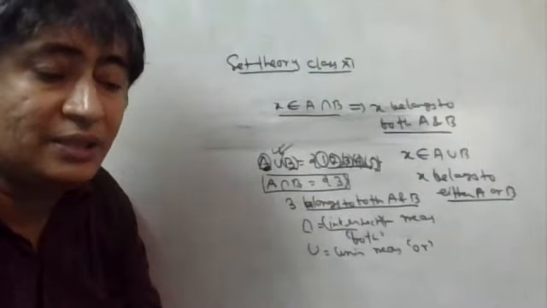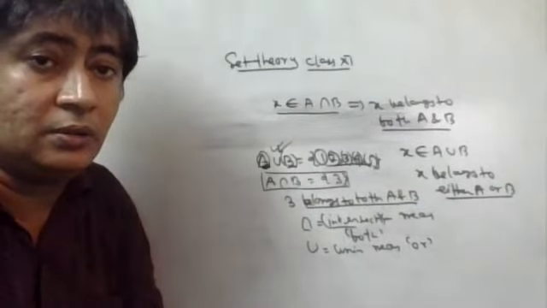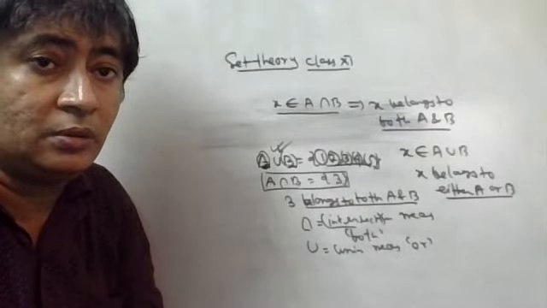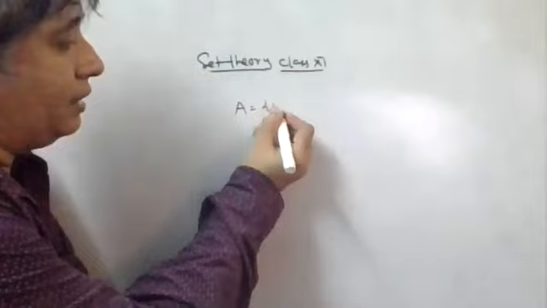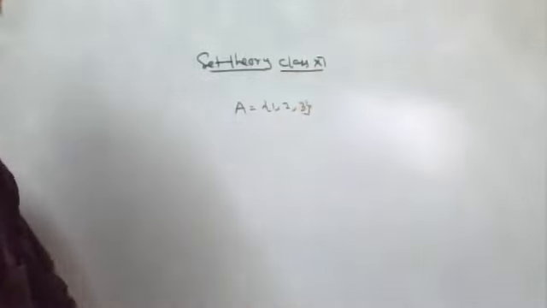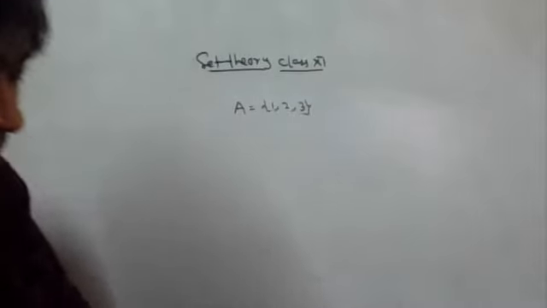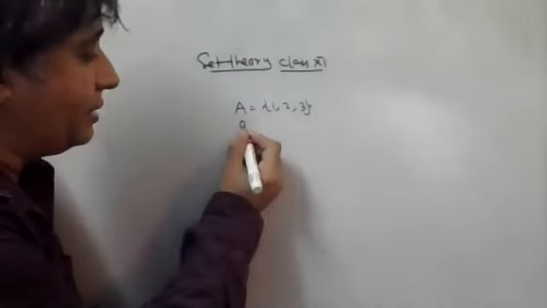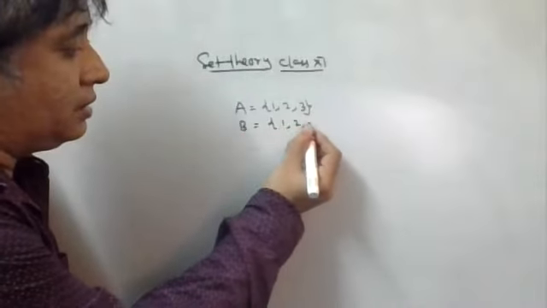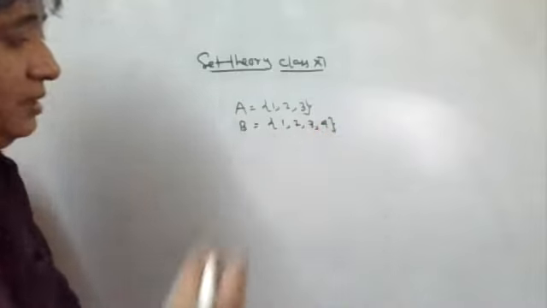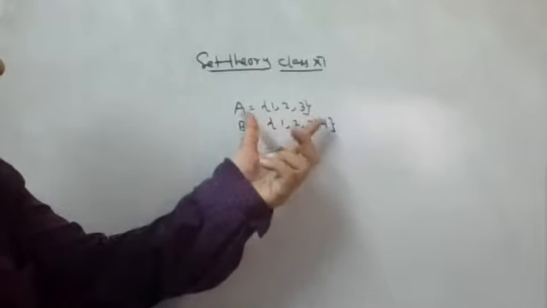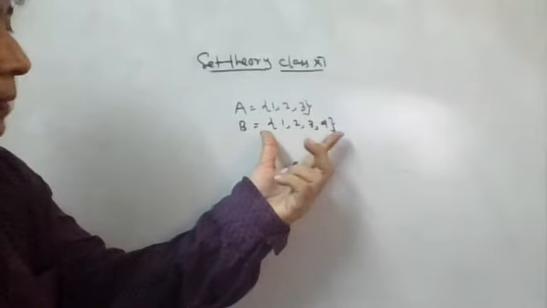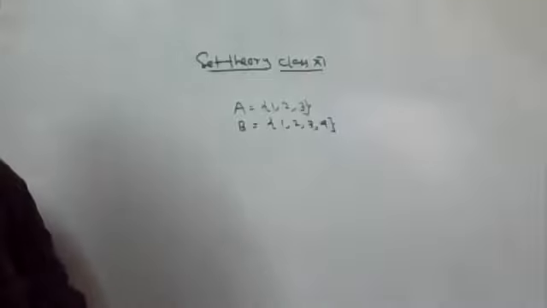Okay, I'm rubbing this and skipping to the next part. Next topic: suppose set A contains 3 elements and set B contains 4 elements, such that all elements of set A are elements of B, but not the reverse.